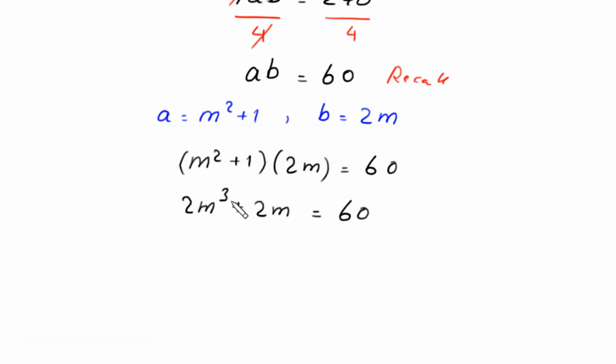Now from these two terms we can factor out 2. In bracket we are left with m^3 + m is equal to 60, and from here we divide both sides by 2.